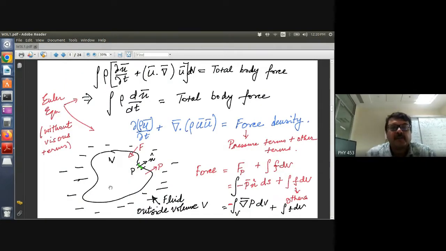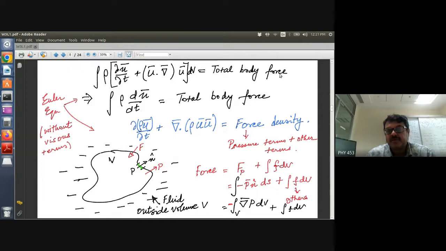So for the incompressible flow, I have written down the Euler equation without viscous terms. The Euler equation is without viscous terms, and that's applicable for a class of flows. And so then you get this equation.